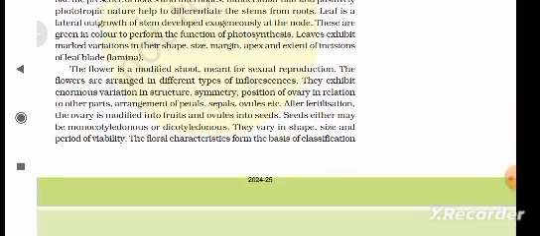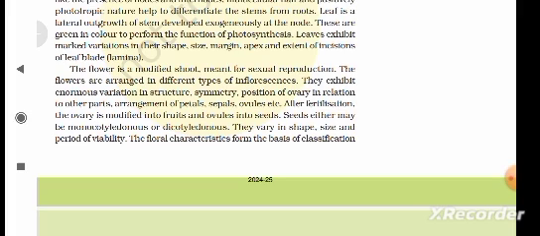The flower is a modified shoot meant for sexual reproduction. The flowers are generally arranged in different types of inflorescences. They exhibit numerous variations in structure, symmetry, position of the ovary in relation to other parts, and arrangement of petals, sepals, ovules, etc. After fertilization, the ovary is modified into fruit and the ovule into seeds.